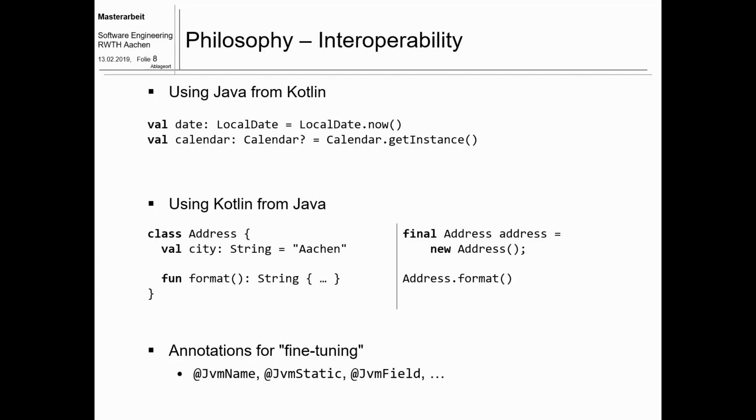So you can, for instance, give a different name to a class or to a Kotlin file in the Java bytecode. You can say that some property is supposed to be static in the Java bytecode, or that it should be exposed as a field instead of having getters and setters. And these are just some of the ways in which you can basically fine-tune this compilation process.